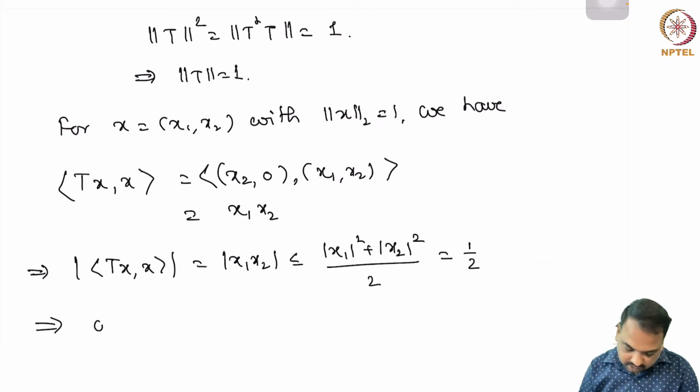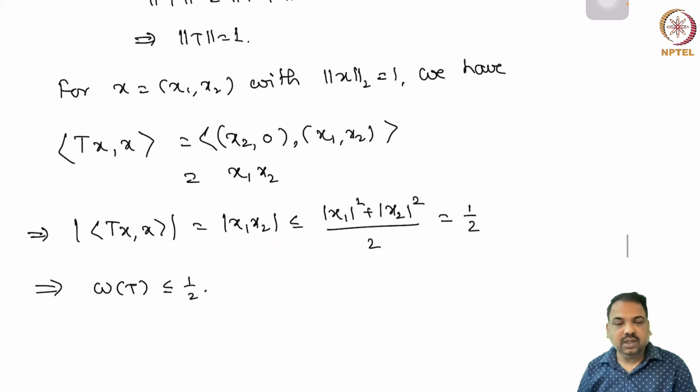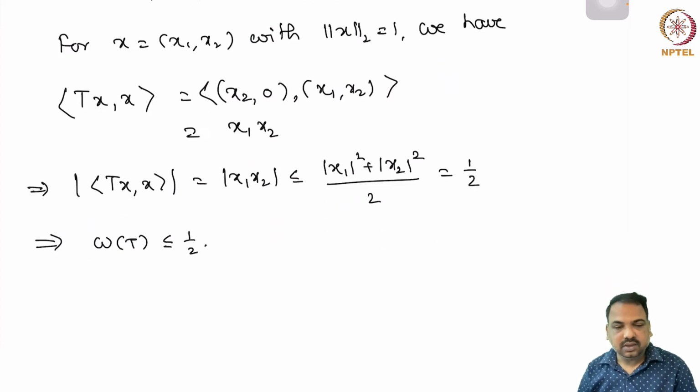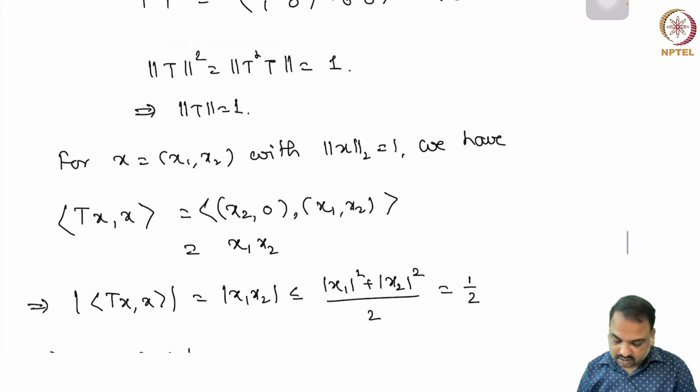So from this we can conclude that the numerical radius is less than or equal to 1 by 2 by taking the supremum on the left hand side over x with norm 1. On the right hand side it's a fixed quantity, so we can conclude that the numerical radius of T is less than or equal to 1 by 2, whereas norm of T is exactly 1.